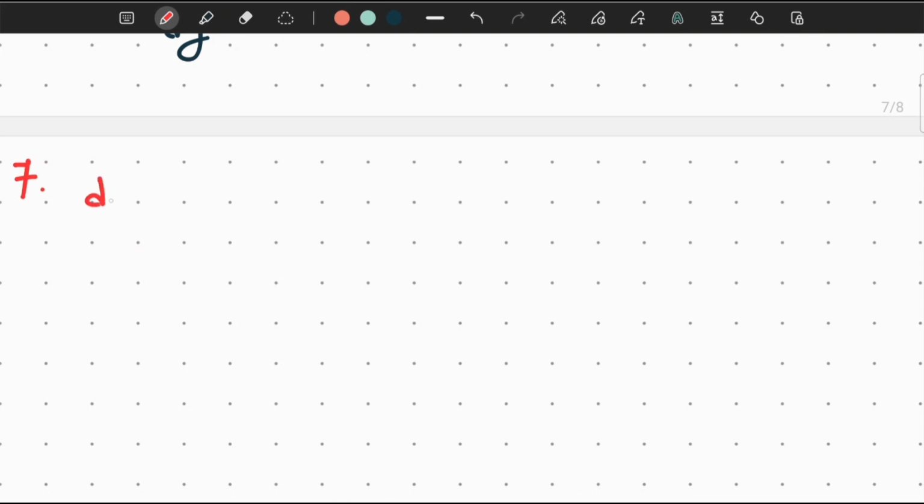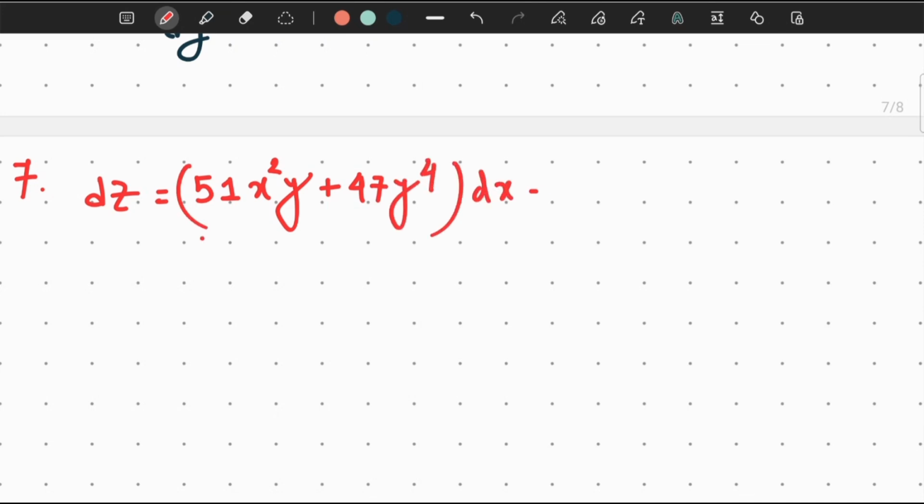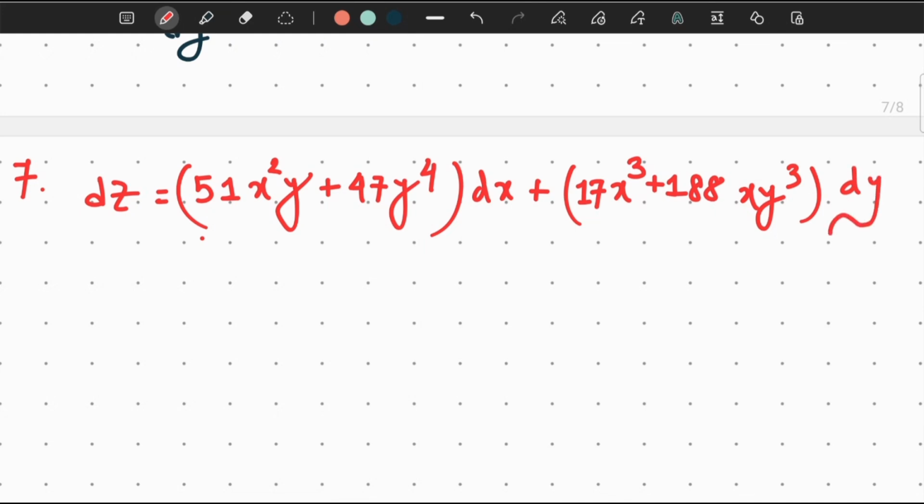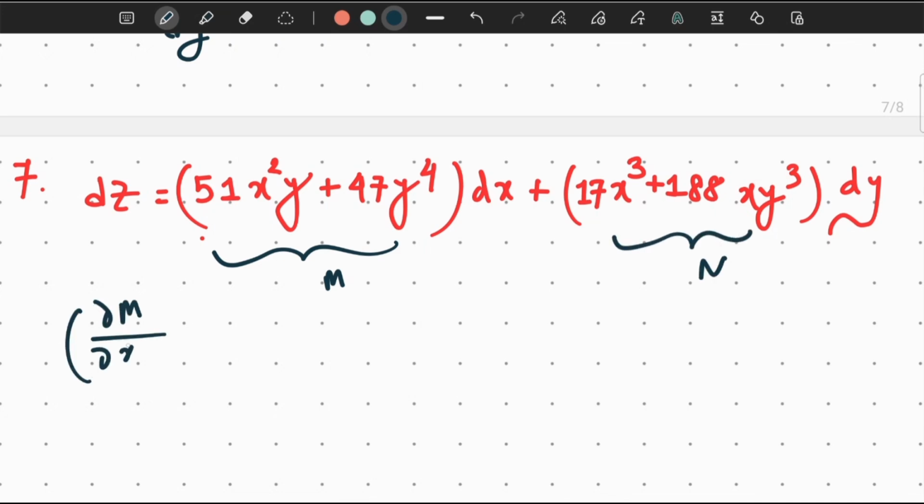Nevertheless, next question, question number 7. We have to check whether it is an exact differential or not. Now it is our M, it is our N, and we know we have to check del M del y at constant x.